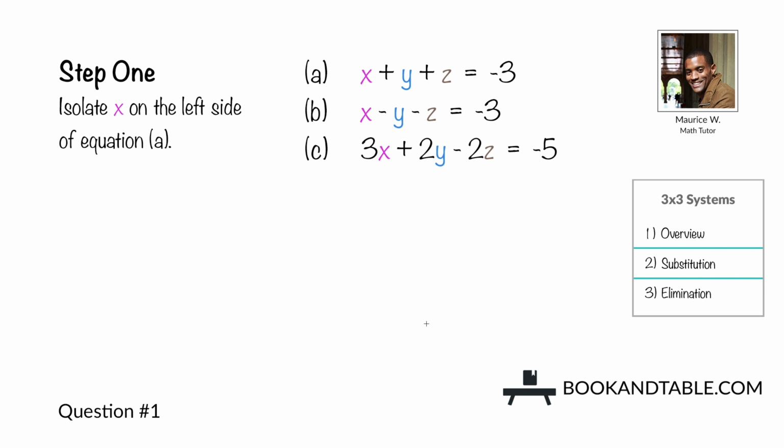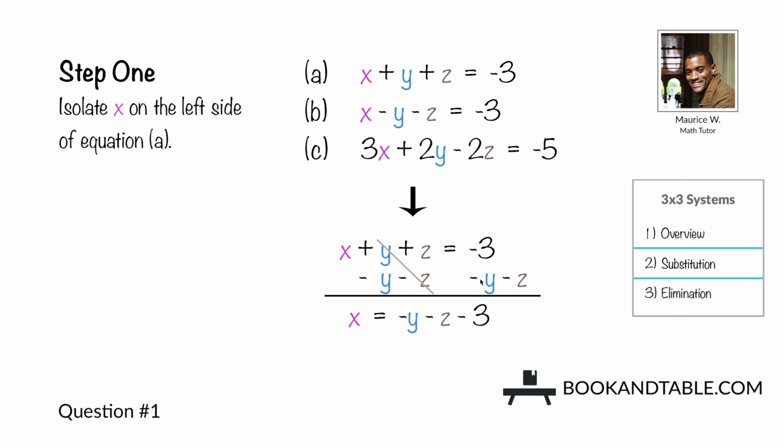Question number 1. Step 1, isolate x on the left side of equation A. To do so, we want to subtract y and subtract z from both sides, showing us x is equal to -y minus z minus 3.